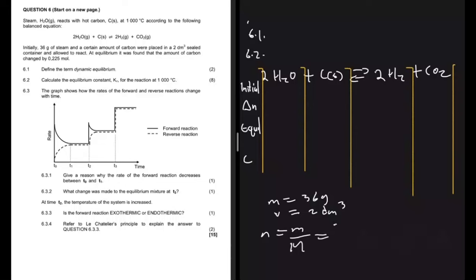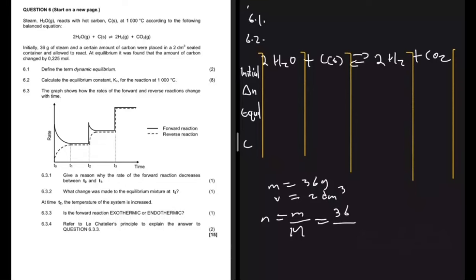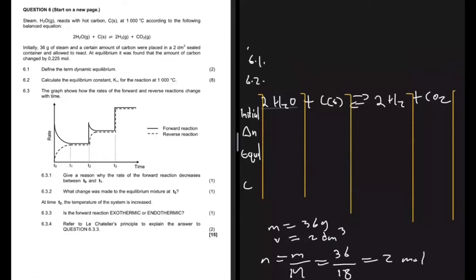The mass is 36, and the molar mass for H2O is 18. So what is 36 divided by 18? That is 2 moles. So initially we have, let me change the color so that it's more visible, 2 moles of H2O, and then we have 0 moles of H2, and then we have 0 moles of CO2.